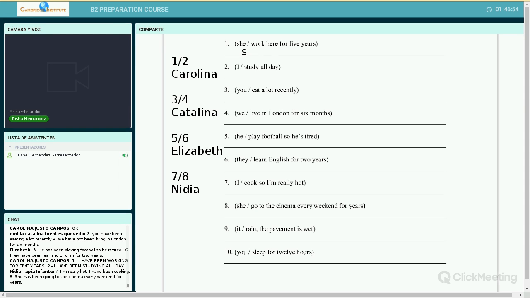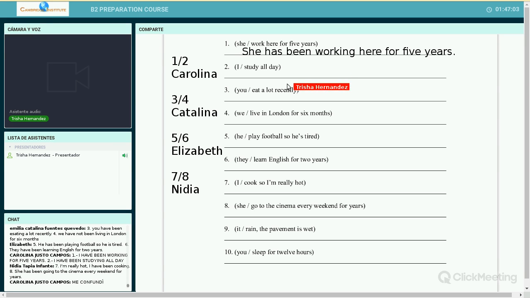Something missing. Remember always to use the capital letter at the beginning and to write it at the end. Okay, number 2. I have been studying all day.